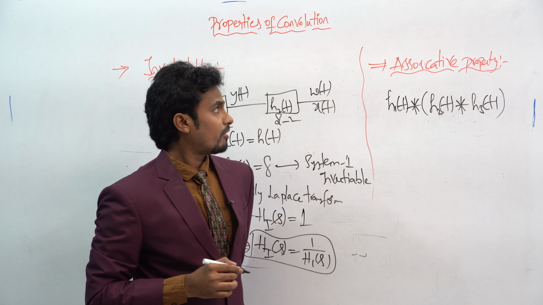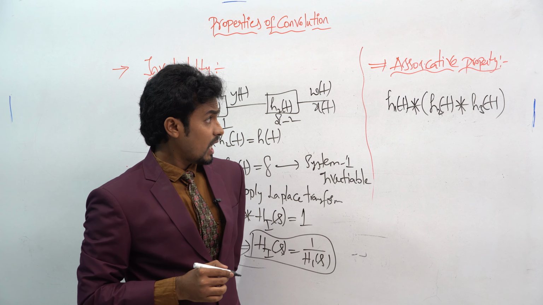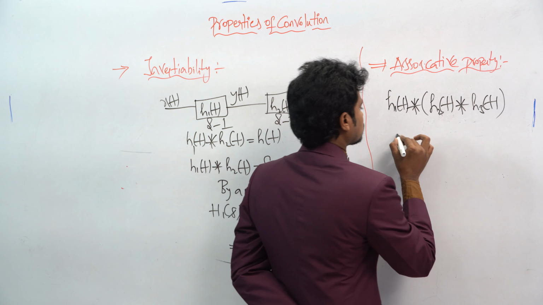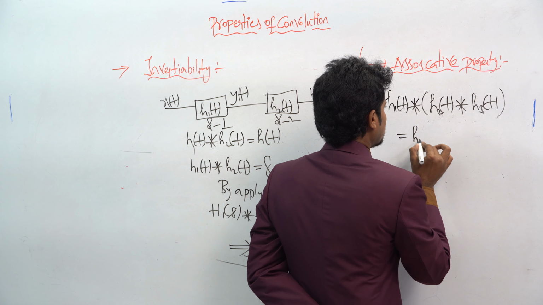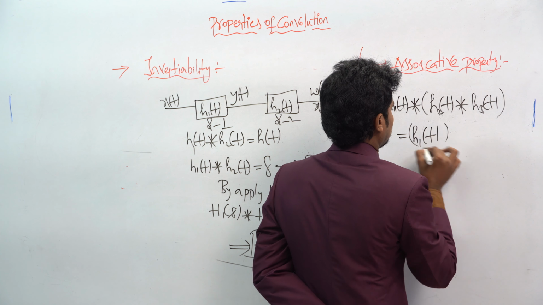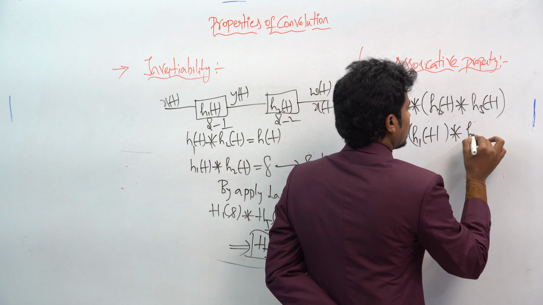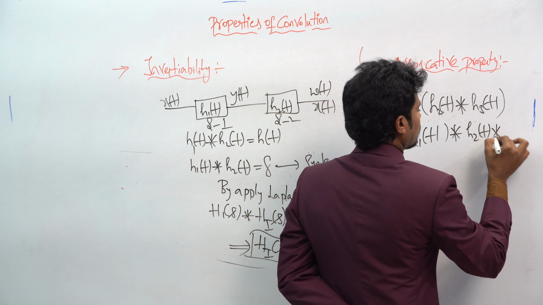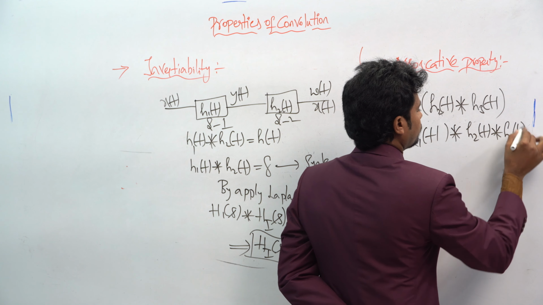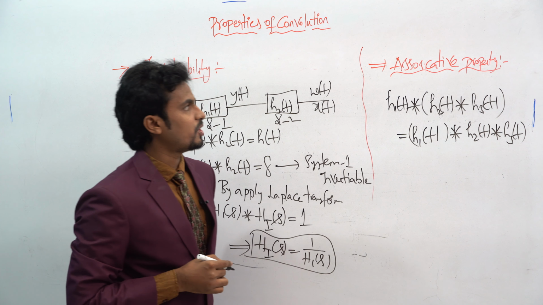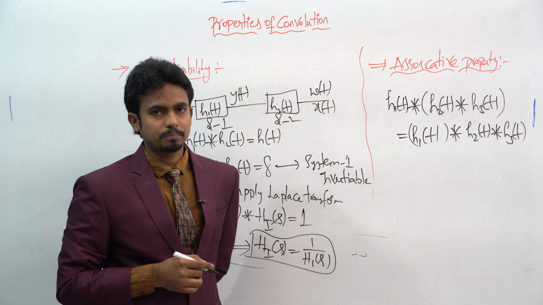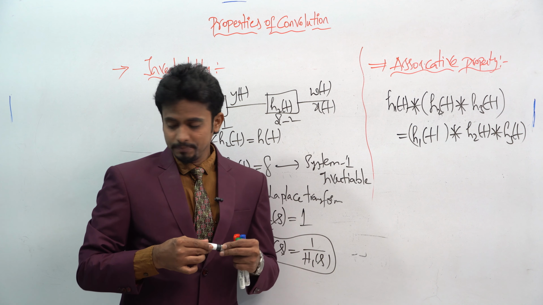How can you write this? That will be h1 of t convolved with h2 of t convolved with h3 of t. Okay, in this way you can write the associative property. Next we will see another property.